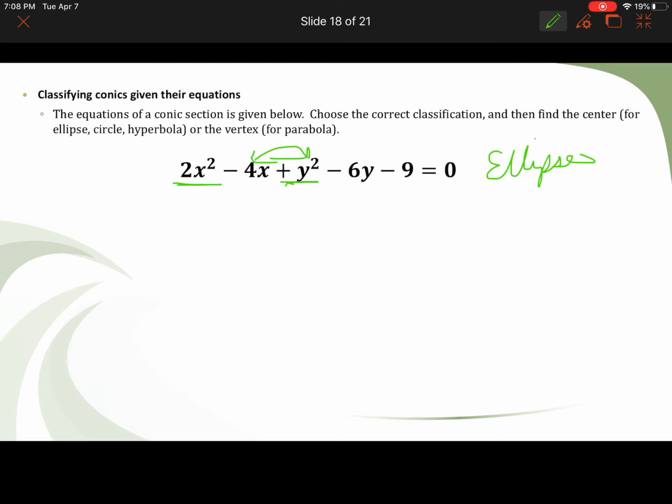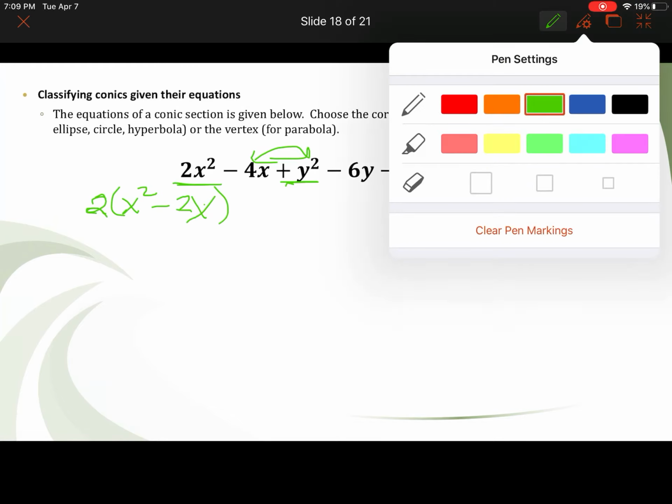To find the center, we would need to complete the square, so I would factor out a 2 from the x terms.